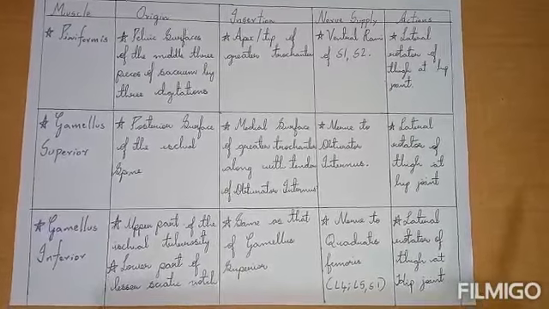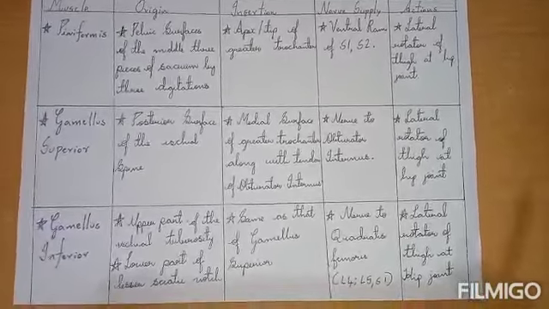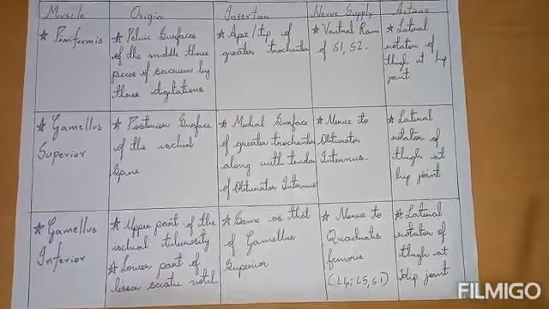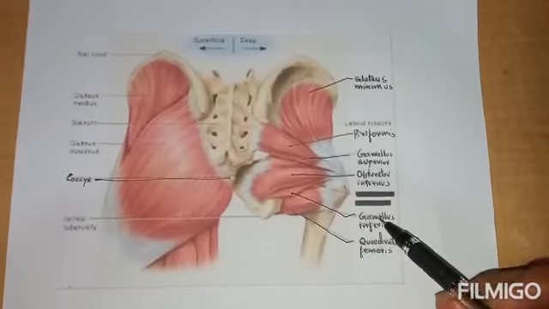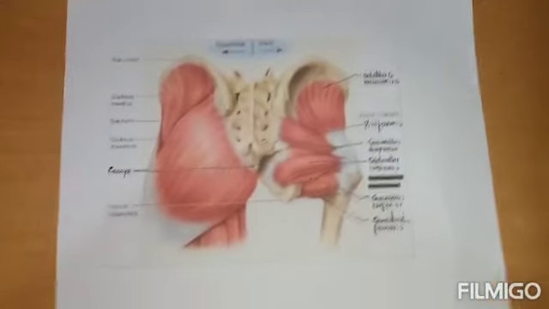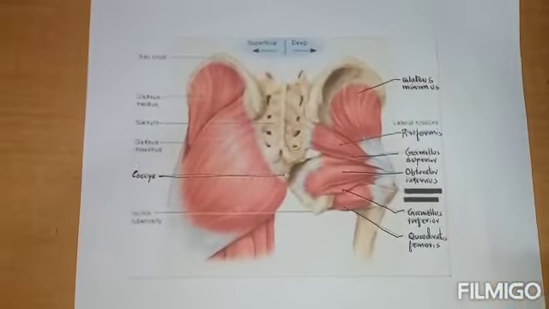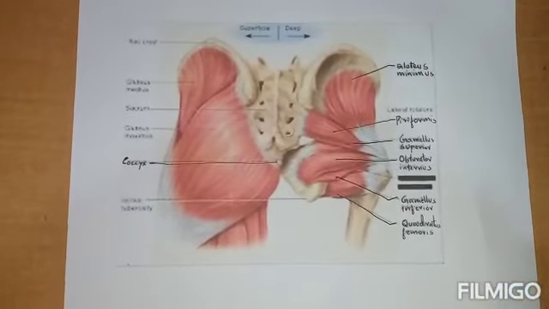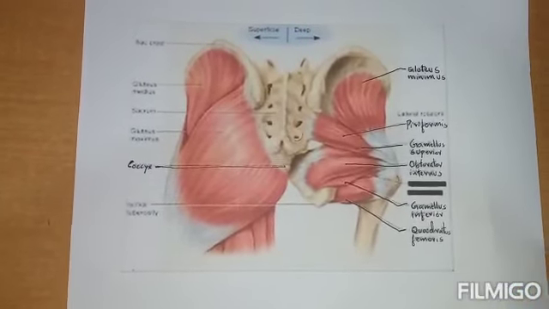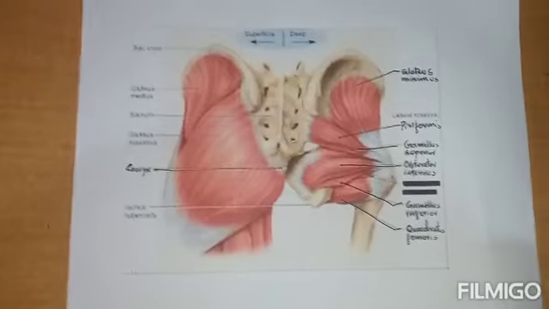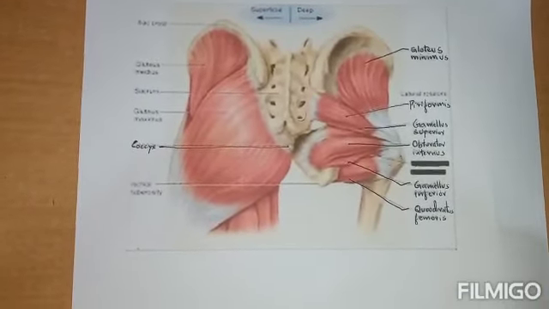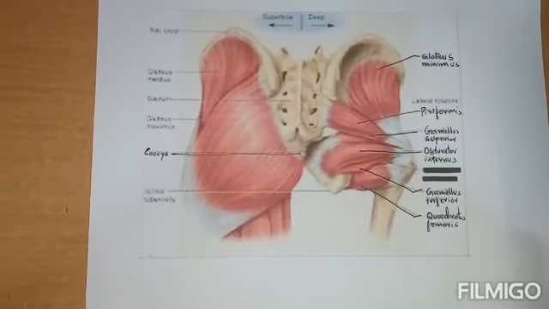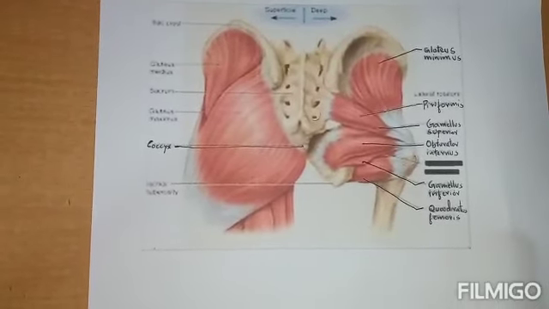The next muscle is gemellus inferior. The gemellus inferior muscle originates from the lower part of lesser sciatic notch and also from the upper part of ischial tuberosity. It inserts into the medial surface of the greater trochanter of the femur just like gemellus superior, and it is supplied by nerve to quadratus femoris, and its actions include lateral rotation of thigh.